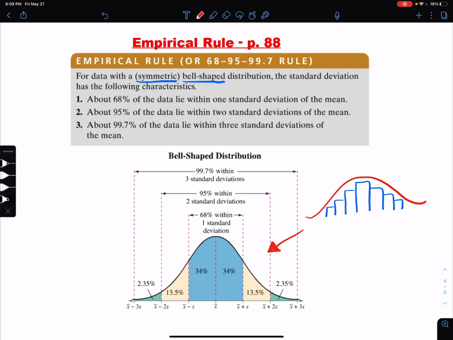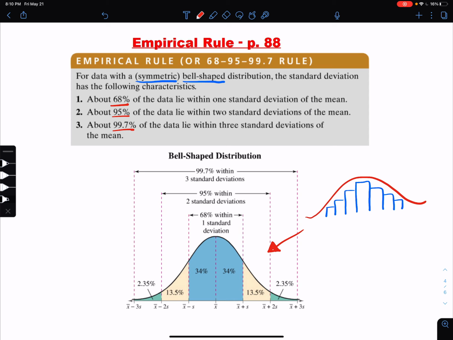All right, now the second thing to note is that the empirical rule defines 3 specific intervals of data. One that holds 68% of data, one that holds 95%, and one that holds 99.7%. These percentages are fixed, okay? These percentages you're not calculating.